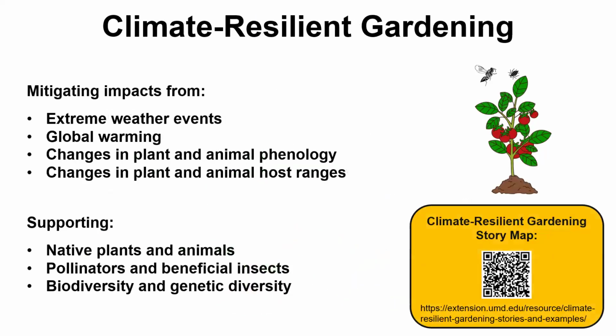And so when we're practicing IPM, we want to tune into climate resilient gardening, where we're mitigating the impacts from all those different things that we saw earlier, pollution, extreme weather events. And these can lead to things like changes in plant and animal phenology, timing of their different life stages, changes in animal and plant host ranges, where they're able to survive because of different fluctuations in climate, for instance.